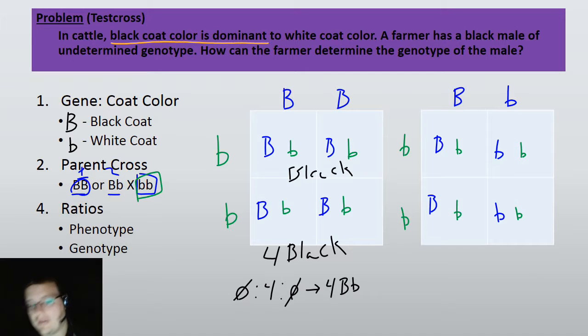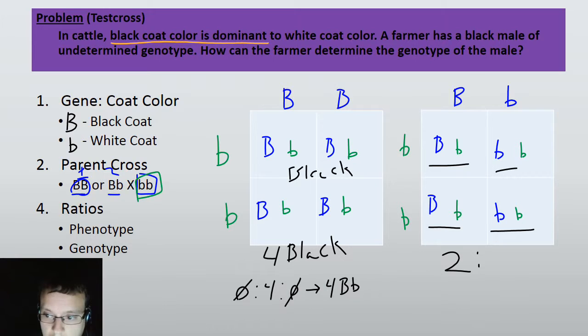So let's look at the second Punnett square. We have 2 black, so 1, 2, to 2 white. So that would be a 2 to 2 ratio. Okay. Then the genotype would be written 0, because we have 0 homozygous dominant.